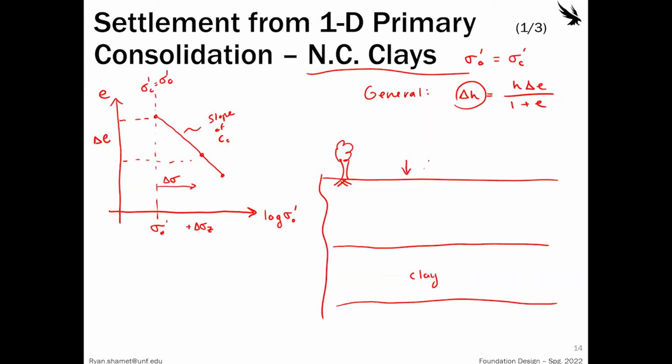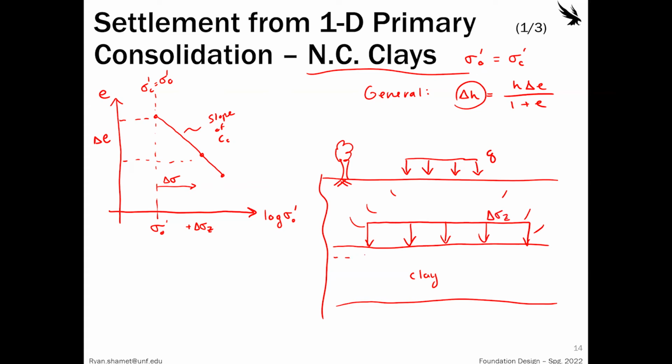If we add a load on the surface, some structural load Q, then we know that this will be distributed through the subsurface using one of those techniques. And that would produce a delta sigma Z on top of this clay.